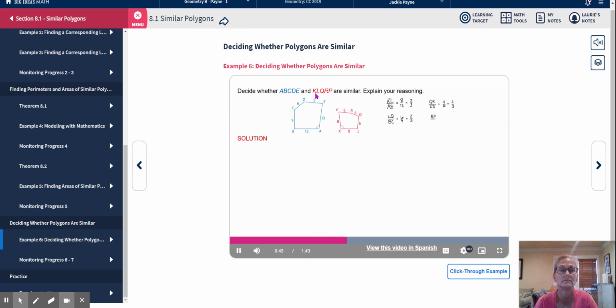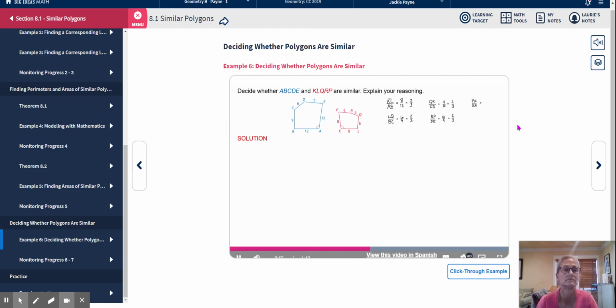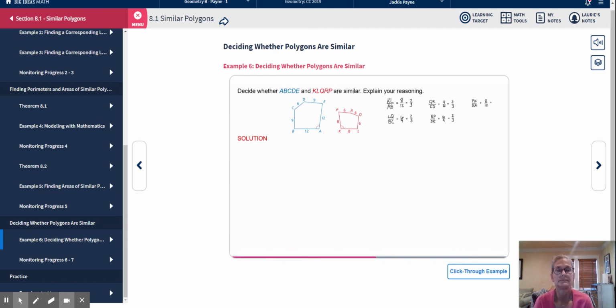RP divided by DE is equal to 6 divided by 9, which equals 2/3. PK divided by EA is equal to 8 divided by 12, which equals 2/3. So corresponding sides of the pentagons are proportional with the scale factor of 2/3.